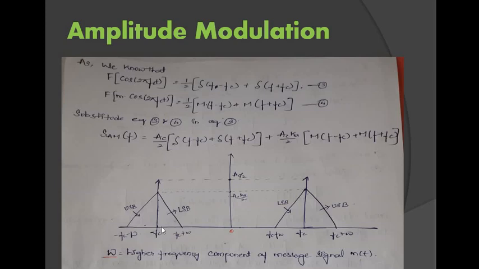Usually we get the positive side, but for consideration we also see the negative side of the carrier signal. In this spectrum for the carrier signal you have f_c, and I am giving the amplitude values as A_c by 2, and this one as A_c K_a by 2. This is in the envelope, this is out of the envelope.